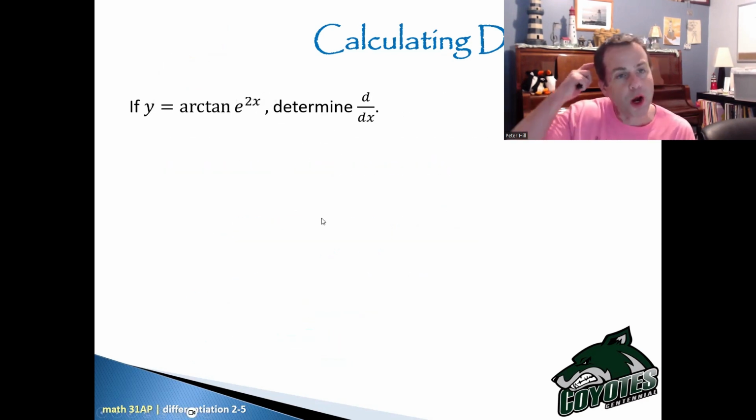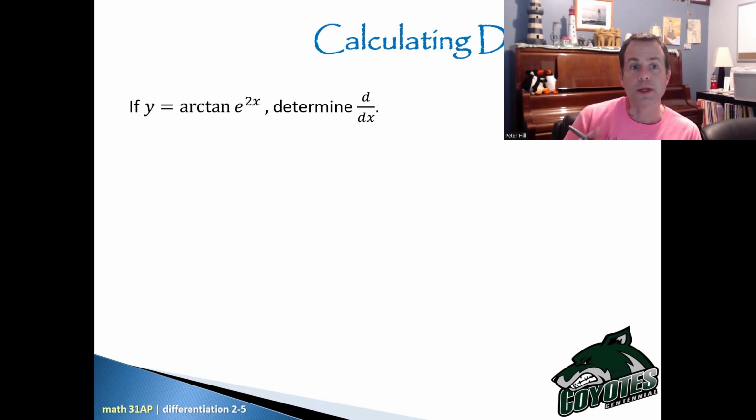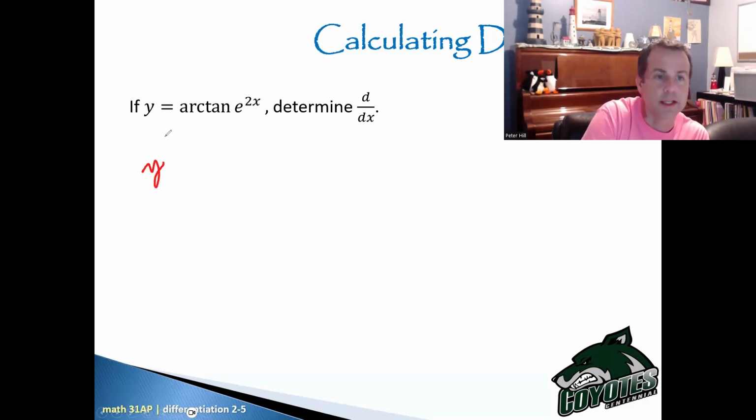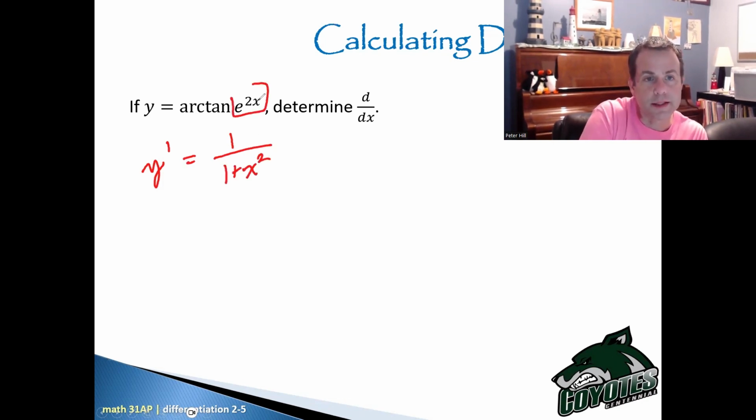Okay. If y equals arctan of e to the 2x, determine the derivative of that. So in our last lesson, we looked at taking the derivative of inverse trig functions. So we know that the derivative of arctan would be 1 over 1 plus x squared, where x is this.